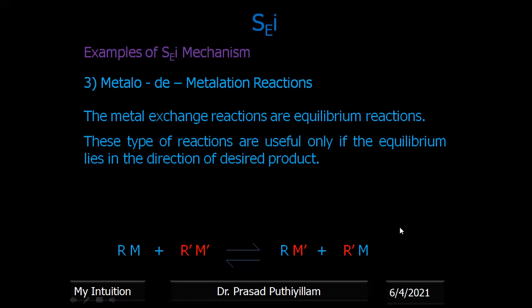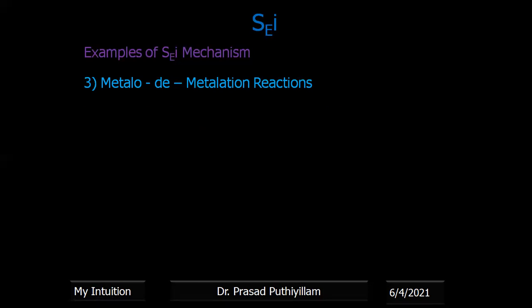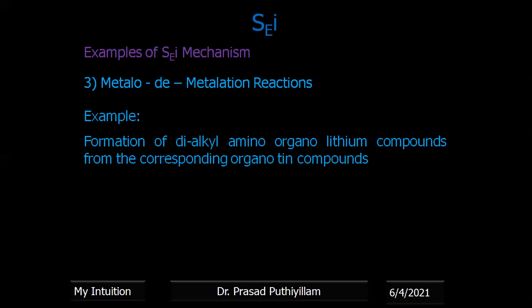Therefore, the equilibrium will shift accordingly, and generally the equilibrium is observed to lie in the direction in which the more electropositive metal is bonded to the alkyl or aryl group. It depends upon the metal's electropositivity, and it should create a more stable carbanion as an intermediate. For example, the formation of an organolithium compound from the corresponding organotin compound.